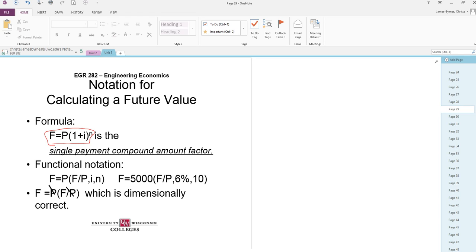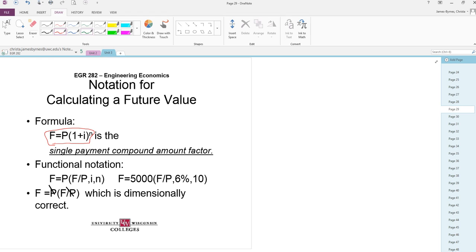This is a different way of writing the problem. So in this problem, listen to what I'm saying. I'm finding a future amount is equal to my present value times (1 plus i) to the n. All I'm going to do right now is change my pen color.